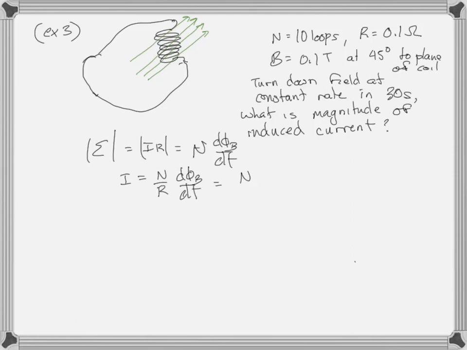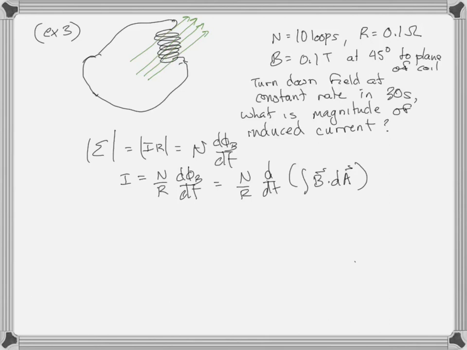Again, it's going to be N over R times the time rate of change of the flux, the integral of B dot dA. Hopefully by now you can tell how to do these integrals and dot products.